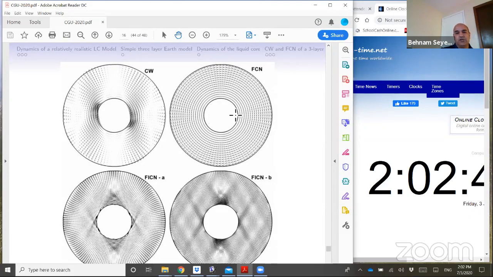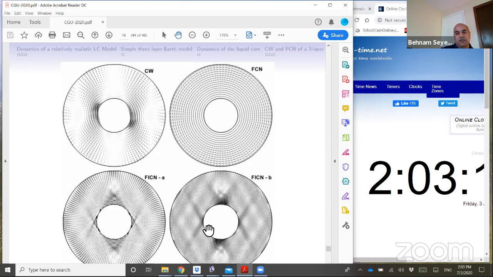This is free core nutation. You can see that it is indeed a very toroidal mode, but this is the free inner core nutation. These results are actually from a more realistic Earth model. We have allowed the inner core also to wobble to calculate these. And so we were able to calculate also the free inner core nutation.